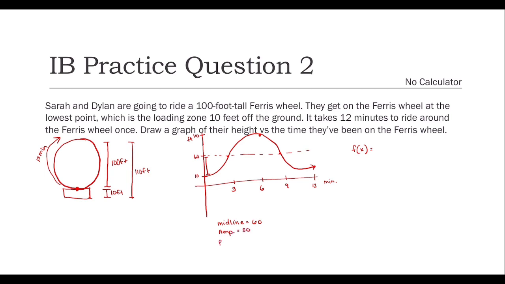The period is 12 minutes because that's how long it takes to complete a cycle. And we'll use the cosine function because we're starting at either a maximum or a minimum. And since it's minimum, we're going to reflect it across our x-axis.